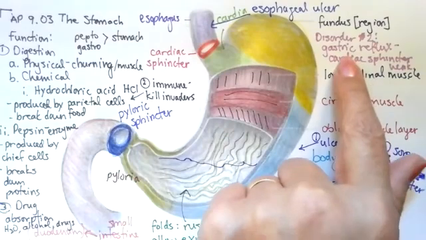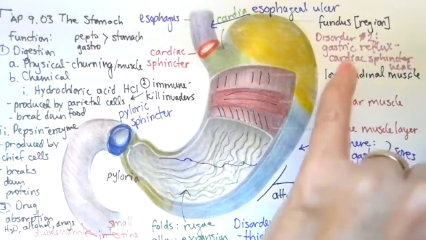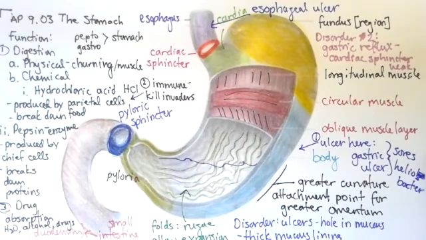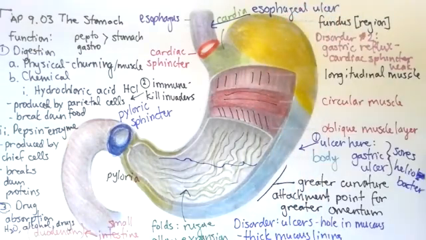Esophageal ulcers are often the result of the secondary disorder we talked about, gastric reflux, or GERD, gastroesophageal reflux disease. Either way, these holes cause a lot of pain and, if they go untreated, can lead to cancer. All right, that's it for the stomach, and we'll go on to the small intestine.